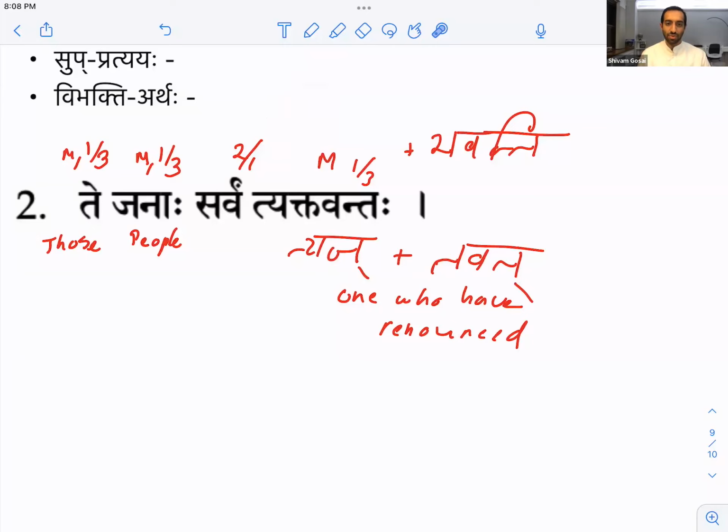It's the object of what they have given up. And sarva means everything. So those people have renounced everything, or those people are the ones who have renounced everything. Meaning sannyasinah.